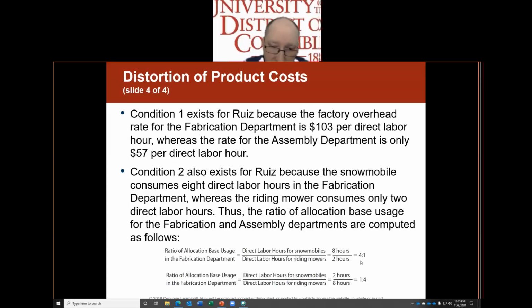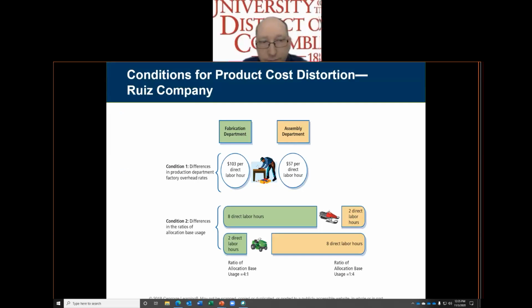This difference represents the distortion because we have a high and a low ratio using the basis of hours. When there's that great of a difference, that's why the single plant-wide method does not work the best. And then for this company, the multiple department method works the best. This is just another graphical representation of these 2 conditions that cause distortion in pricing.